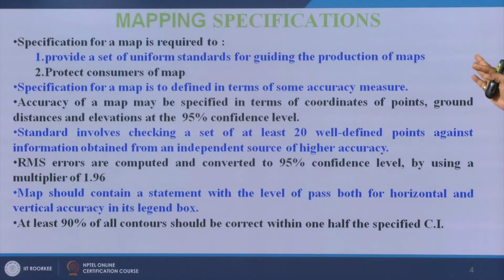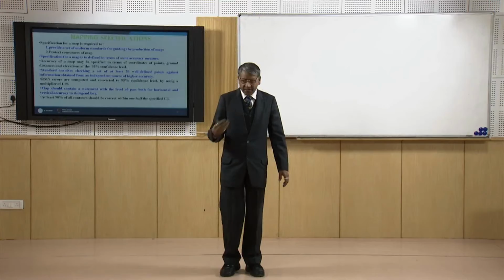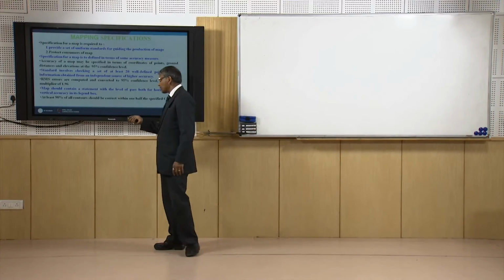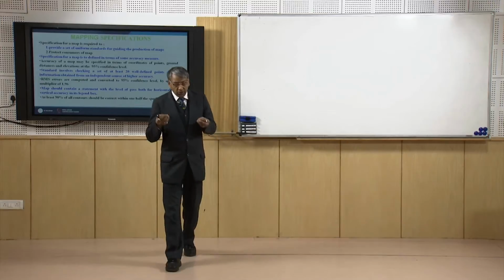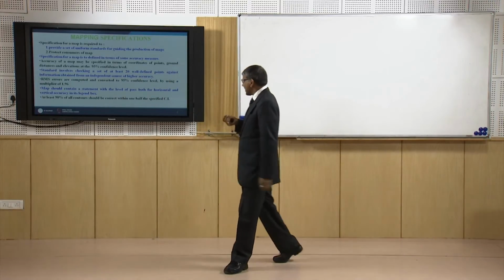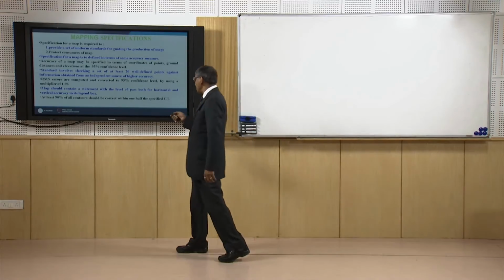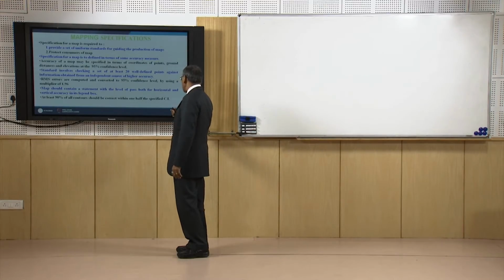Now, all this is due to planimetric position, and we also know that in case of our map there is another important parameter which represents the height, and that is through contours. We should test and find that at least 90% of the contours should be correct within half of the specified contour interval.